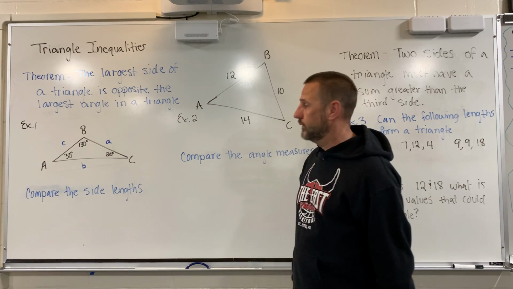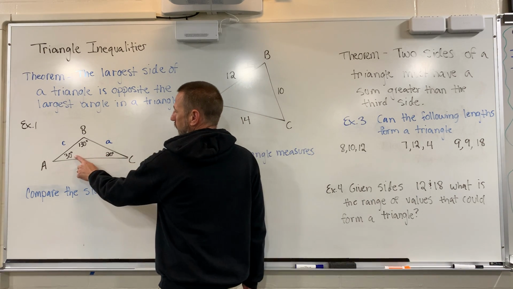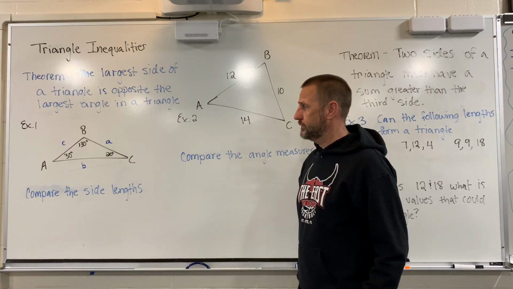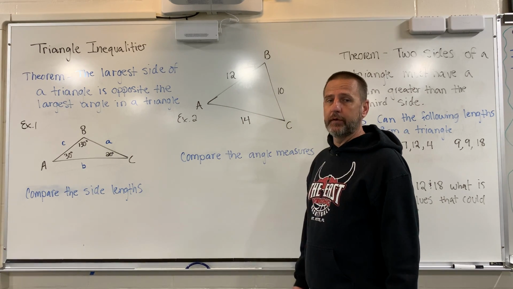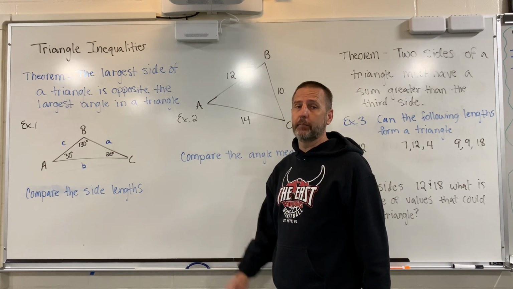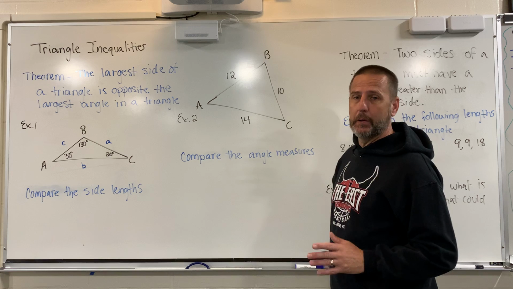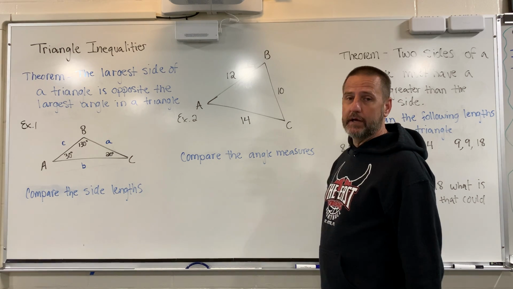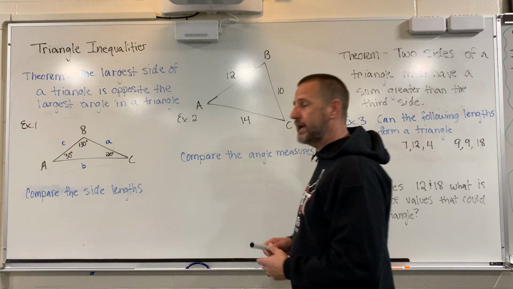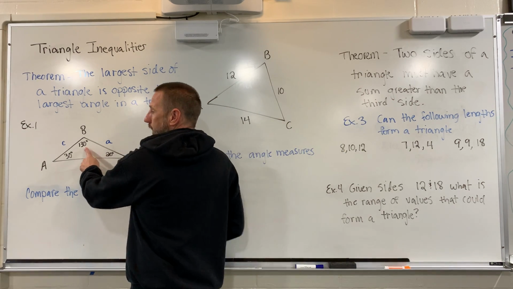I have three angles, 20, 30, and 130. Now I know it seems pretty obvious from looking at the picture, but if we were to not look at the picture and focus only on the numbers, if I said what is the largest side of the triangle, we would need to look at it and say, all right, well, what's the largest angle? Well, that's 130.